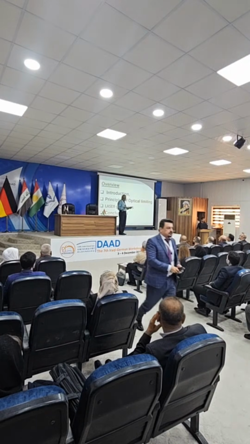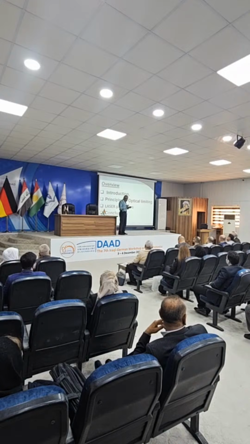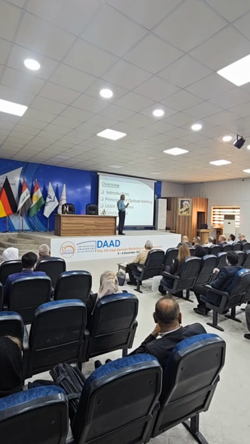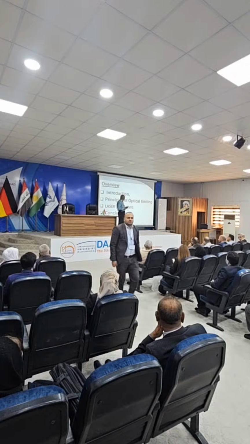In this seminar, I will try to explain the optical limiting concept, why it's important and what its principles are. And then go through the key laser parameters which control the optical limiting and design the laser safety.